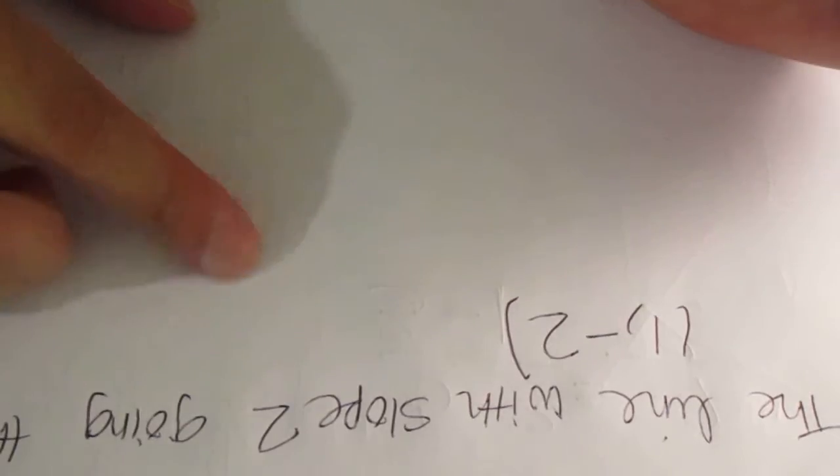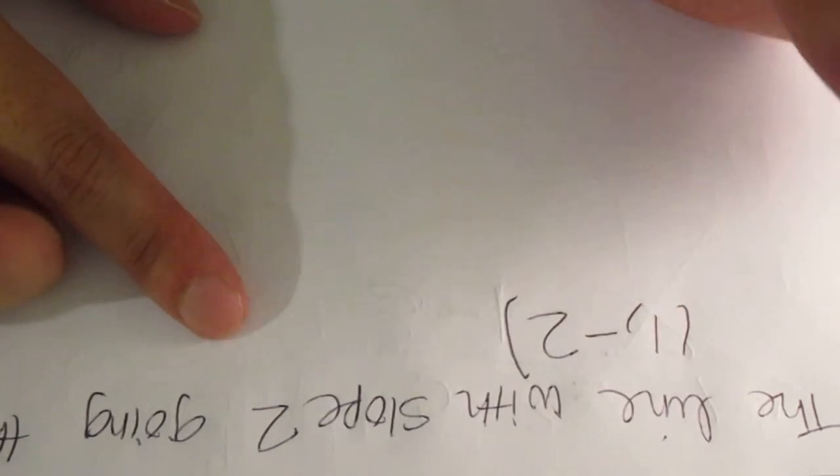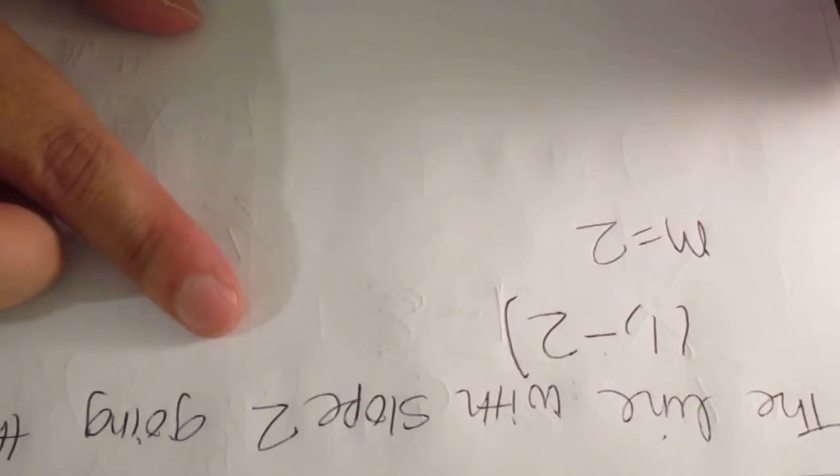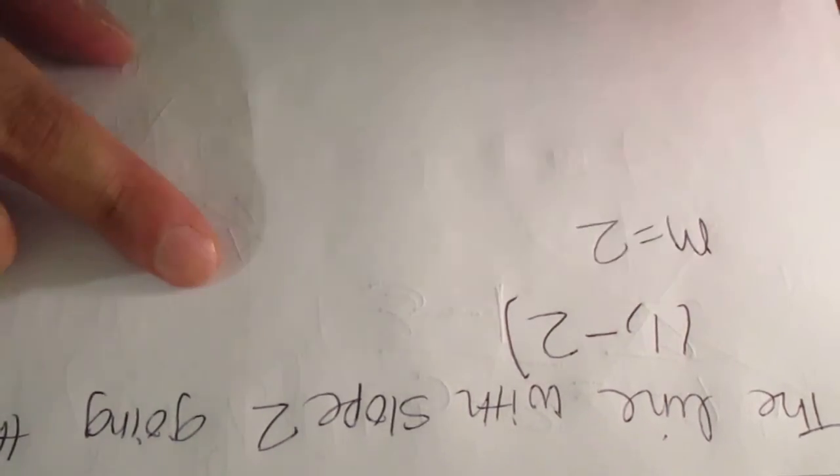This one's simpler. So they said we want to find an equation of the line with a slope, so m equals 2, and that goes through 1, -2.